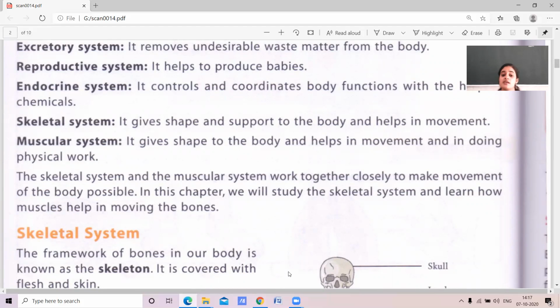The skeletal system and muscular system together make the movement of the body. The movement of the body is possible only because of the skeletal system attached with the muscles, that is the muscular system. So in this chapter, we will study the skeletal system and how muscles help in moving the bones.